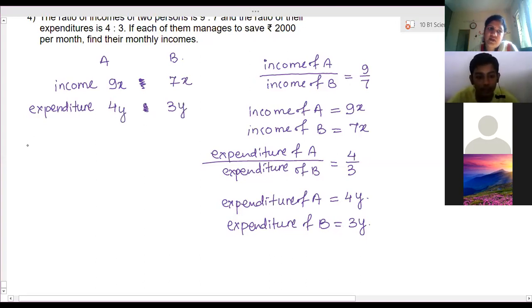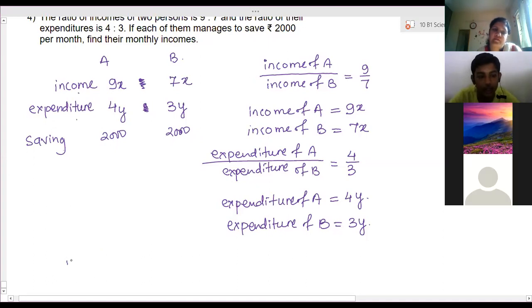Okay. Now saving, 2000 in both places. A's saving is also 2000 and B's saving is also 2000. Now what is the relation between income, expenditure and saving? Income minus expenditure is equal to saving.